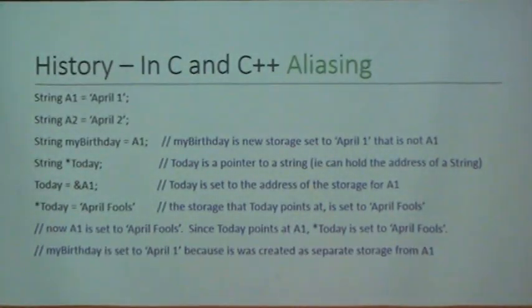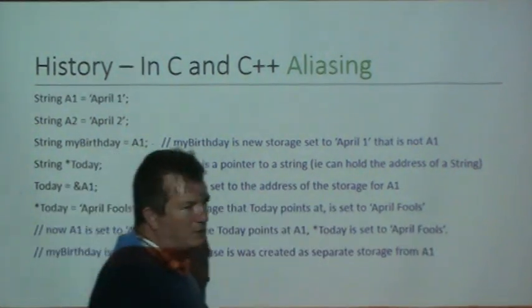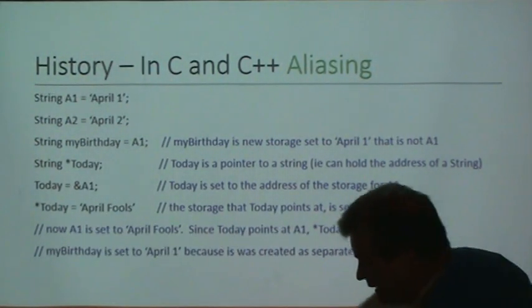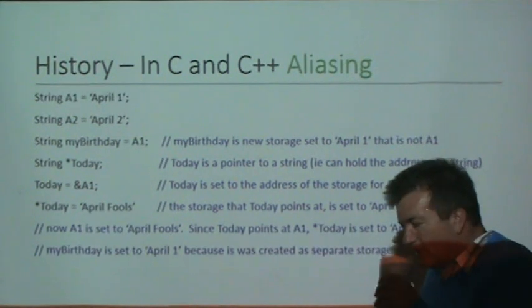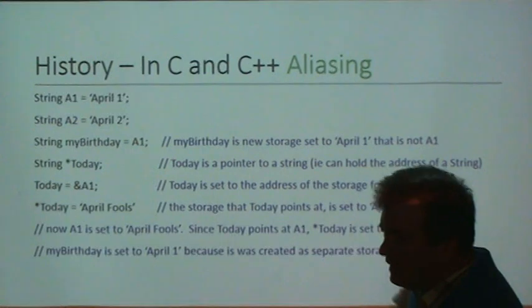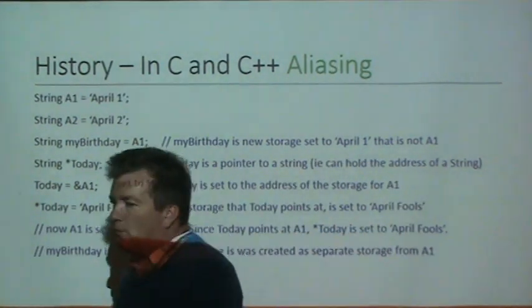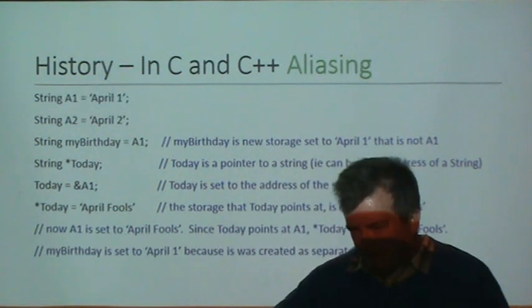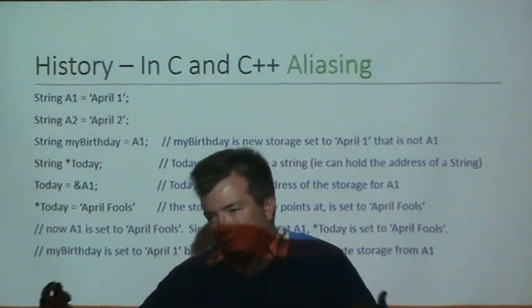All right, now we'll close out with a little bit of history on C and C++. So this sounds very tricky. Why don't they just, if I say A equals 2, give me a piece of storage and put a 2 in it and it's called A?